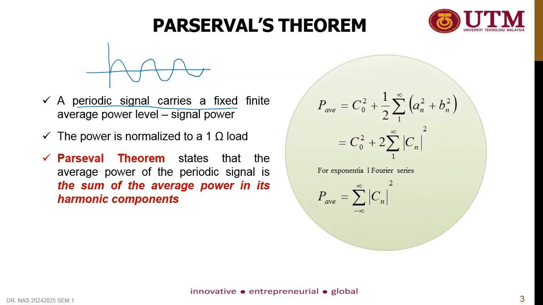So this is the Parseval's theorem equation, in which P average is equivalent to the square of the magnitude of each of the components, or the coefficients of your spectrum. The equation can be simplified to P average equal to the sum of the magnitude of Cn squared, with n depending on the number of harmonics.